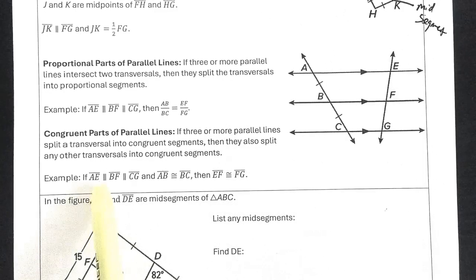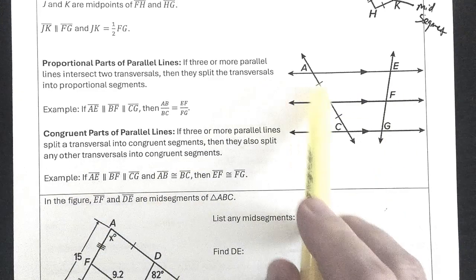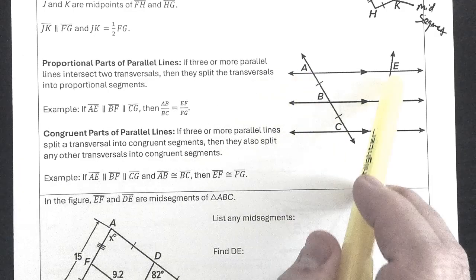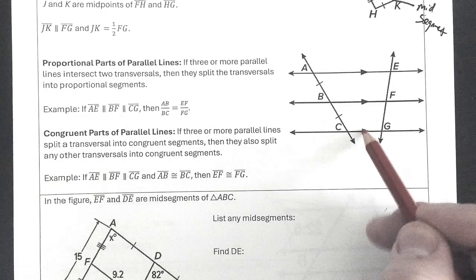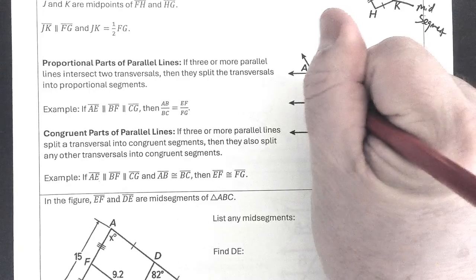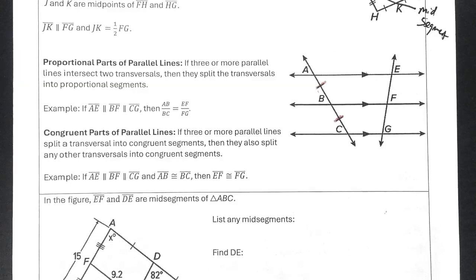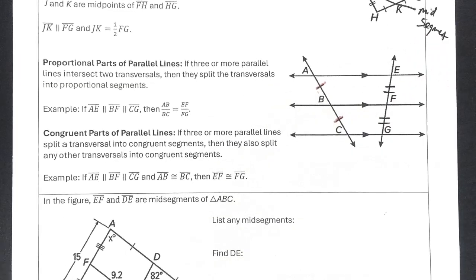So in the example, if they're all parallel like we talked about before, and AB is congruent to BC, then these guys would be congruent. So if these 3 guys are parallel and these 2 guys are congruent, then this guy would be congruent to this guy. That's what all that says.